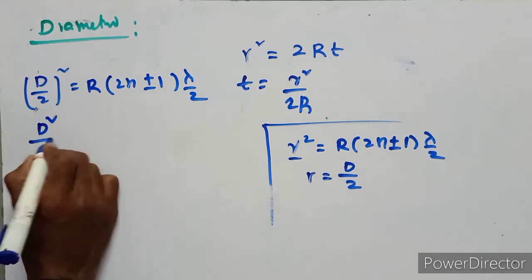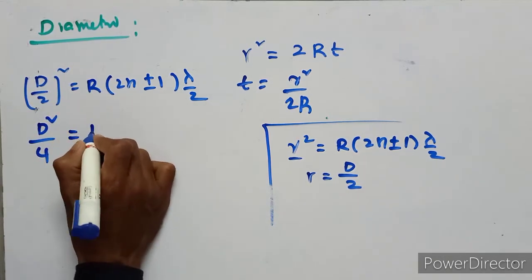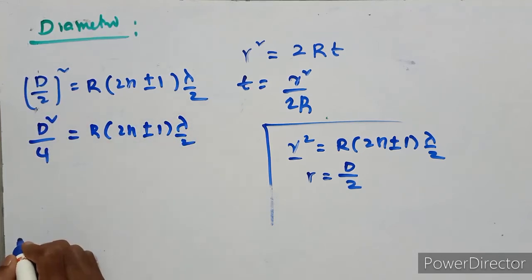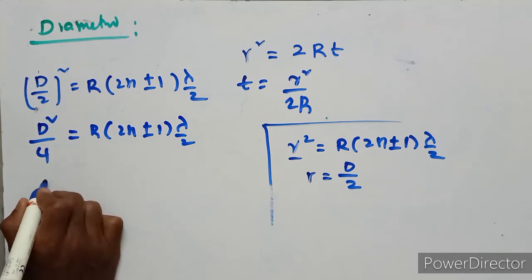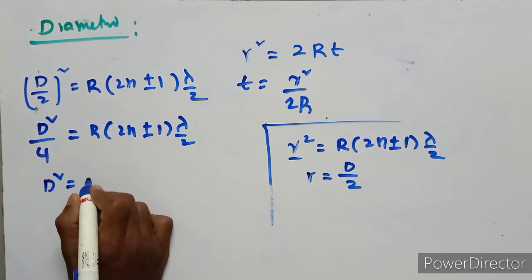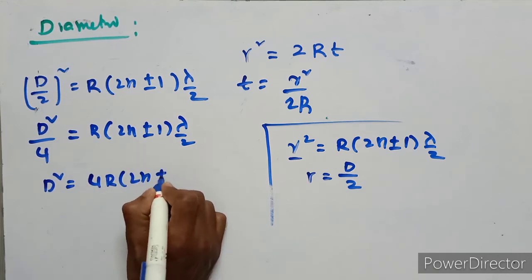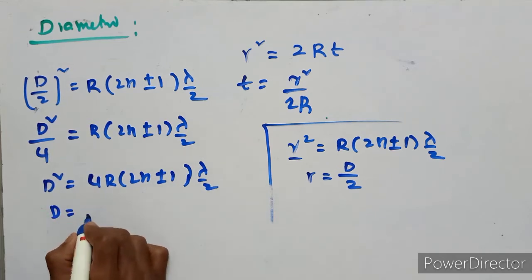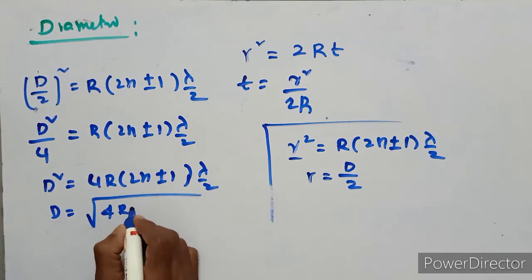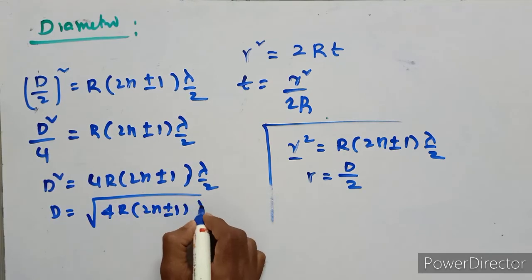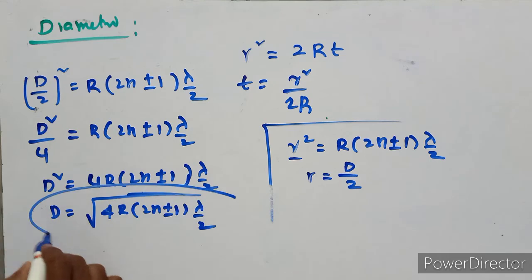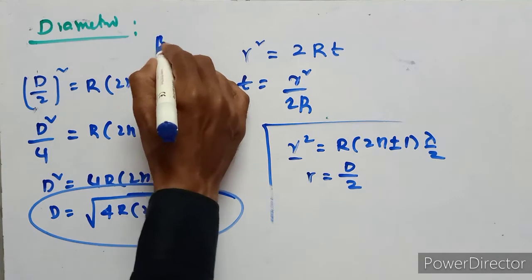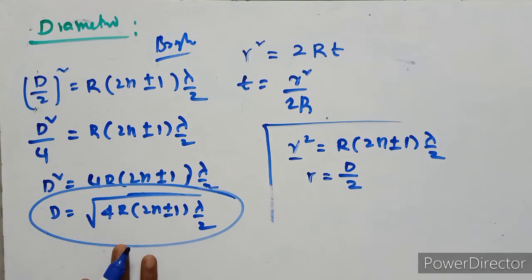So D square upon 4 is equal to R (2n minus 1) lambda upon 2. Then D square is equal to 4R (2n minus 1) lambda upon 2. So D is equal to under root 4R (2n minus 1) lambda upon 2. This is the diameter of the bright ring.